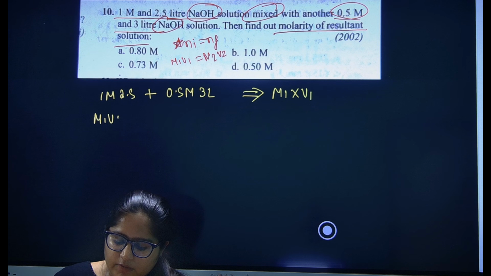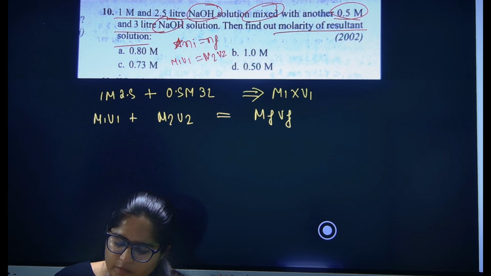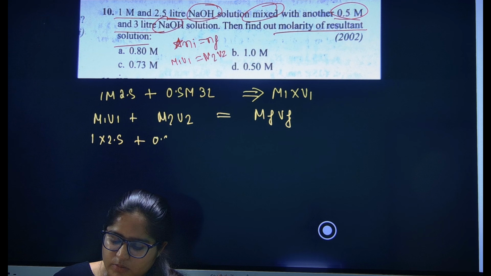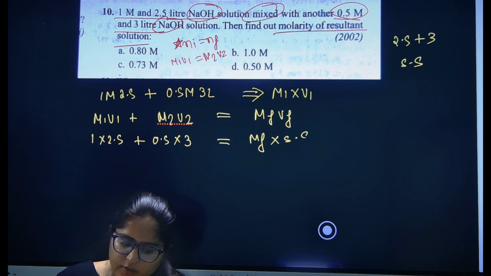So I can say M1 V1 plus M2 V2 equals M final V final. M1 is 1 into 2.5, plus M2 is 0.5 into 3 liter. Now what is the volume? 2.5 plus 3, so 5.5. So M final into 5.5 equals 2.5 plus 1.5.